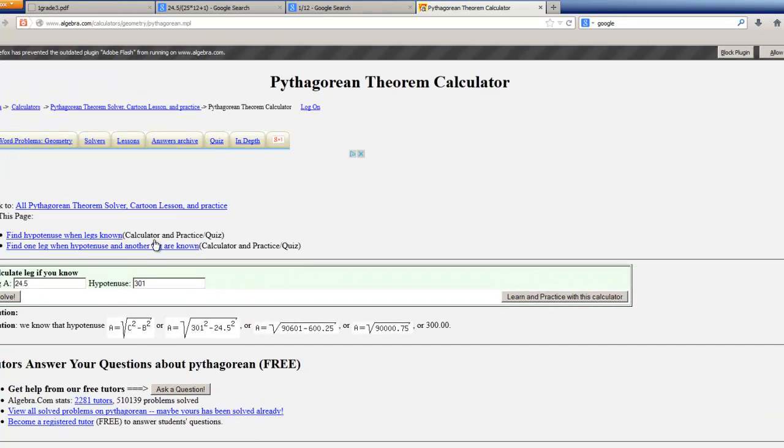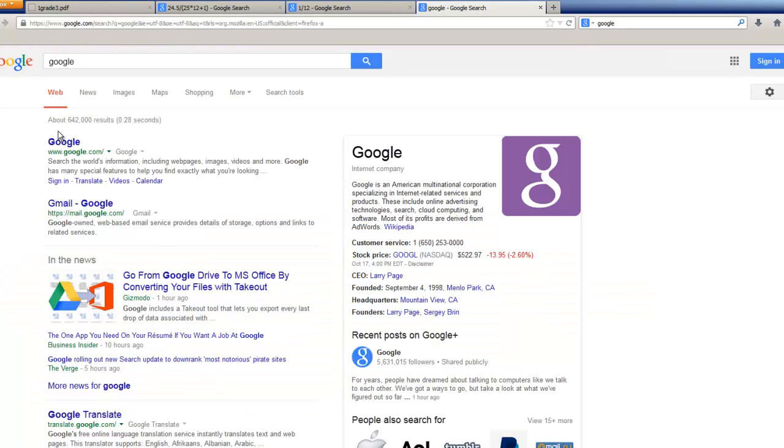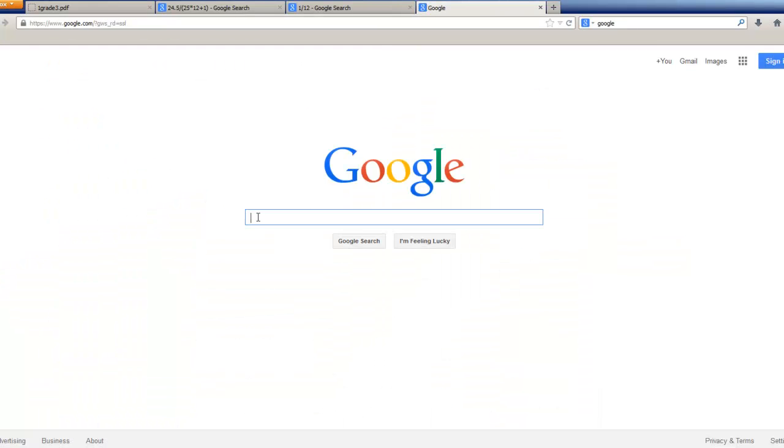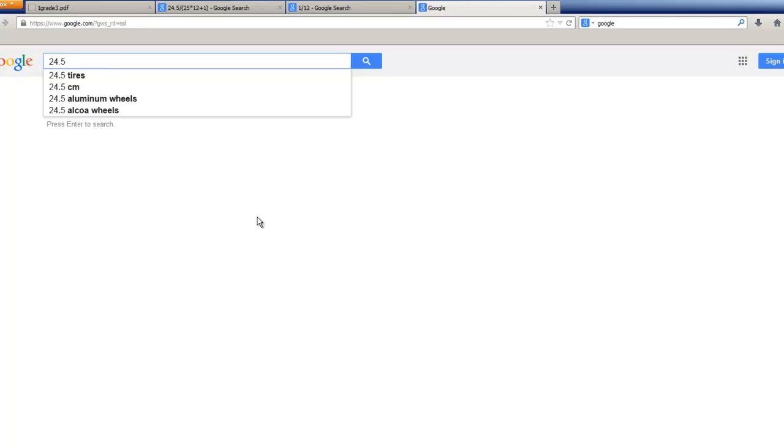It tells us the run is about 300. That's totally fine, that's what we would imagine. So going back to Google, we know the run is 300, so we do 24.5 divided by 300, which is rise over run.